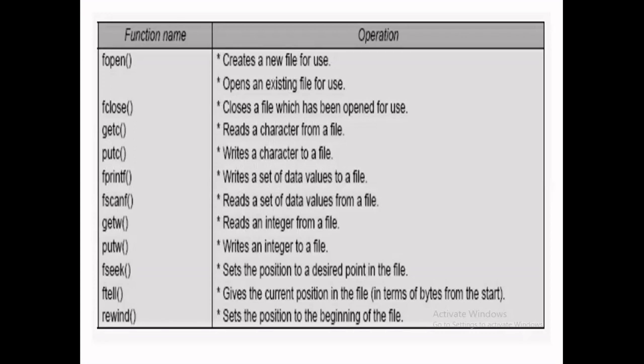Out of 10 pages, you completed your reading from 1 to 10 pages. Rewind means it again points to the first origin point, setting the position to the beginning of the file. How many pages there are is not the matter. It will set the beginning of the file. That is the matter about these functions.